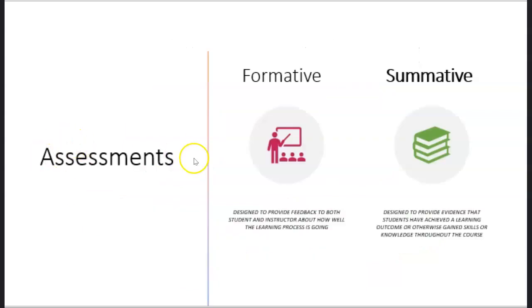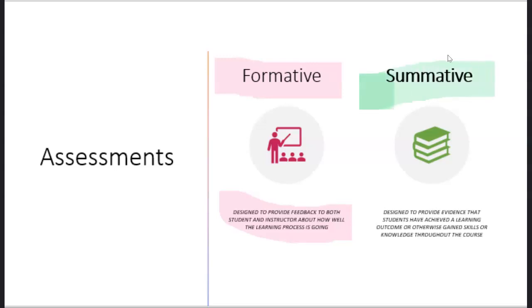So far as assessments are concerned, the first thing that comes to mind is formative assessments, because these provide feedback to the students as well as the instructor about how well the learning process is going on. The learning gaps can be closed by having class discussion or quizzes or peer evaluation or 1 minute writing and so on.